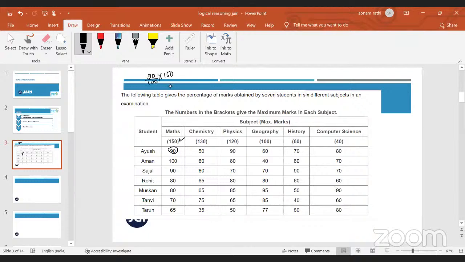If I want to solve this, what will I get? 15 into 9, 135. So it means Ayush got 135 marks in maths, 135 out of 150. Did you get it? This is percentage given to you.